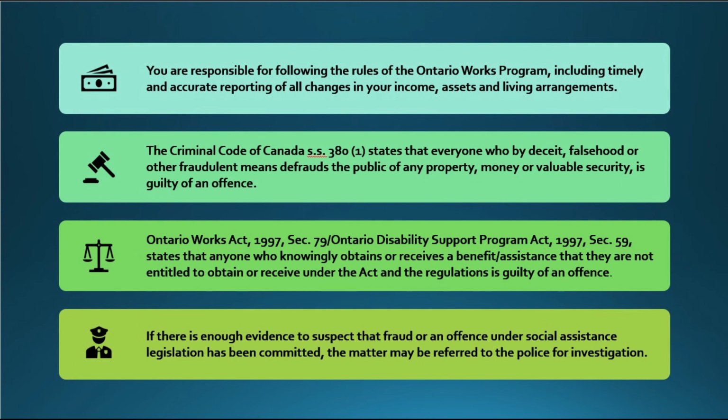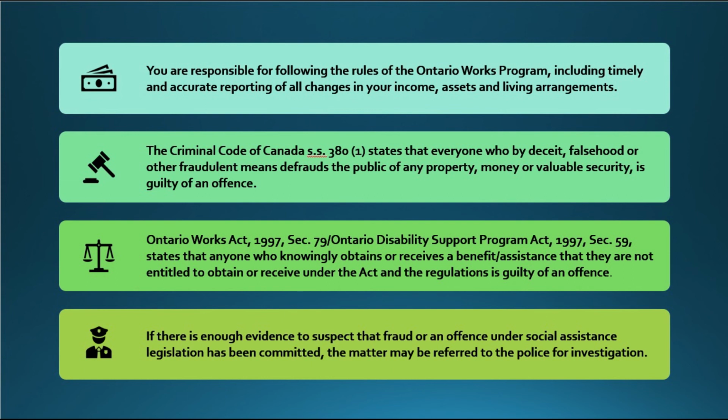The Criminal Code of Canada, Section 380(1), states that everyone who by deceit, falsehood, or other fraudulent means defrauds the public of any property, money, or valuable security is guilty of an offence.